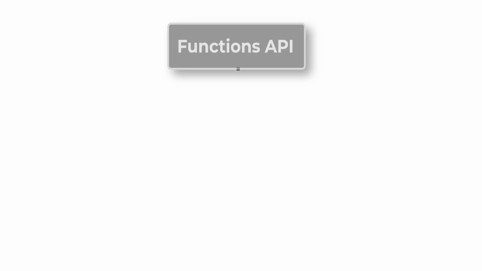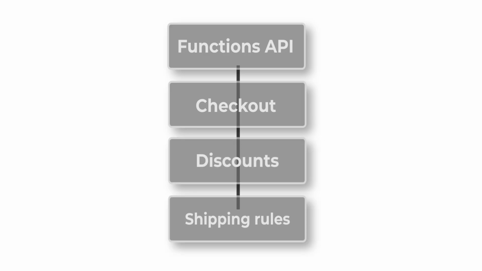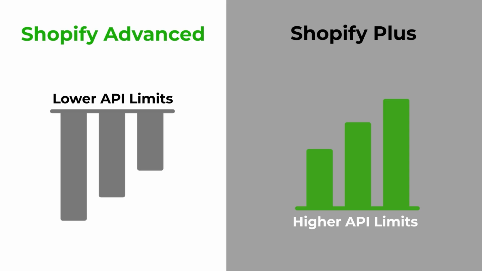It lets you build custom logic that hooks right into checkout, discounts, shipping rules, and some other interesting features. And the API rate limits are significantly higher across the board. So if your tech stack is complex, if you're syncing with an ERP, or if your dev team is building proprietary integrations, Advanced just won't cut it. Plus is where that kind of build actually thrives.